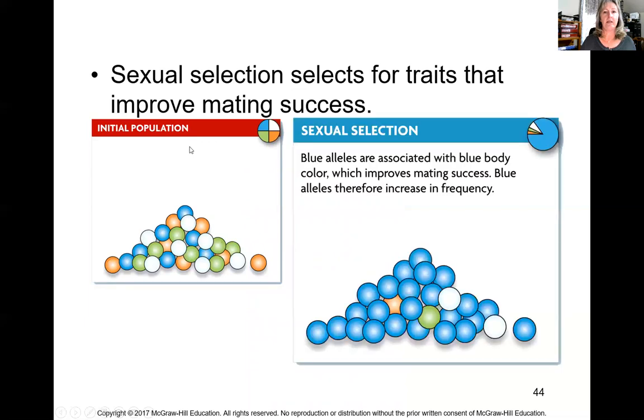If we look at sexual selection, this occurs when there are conditions that may not be favorable. There's a lot of risk to the female.